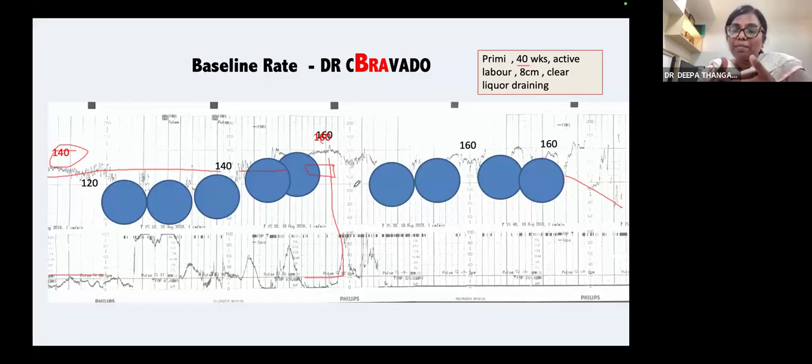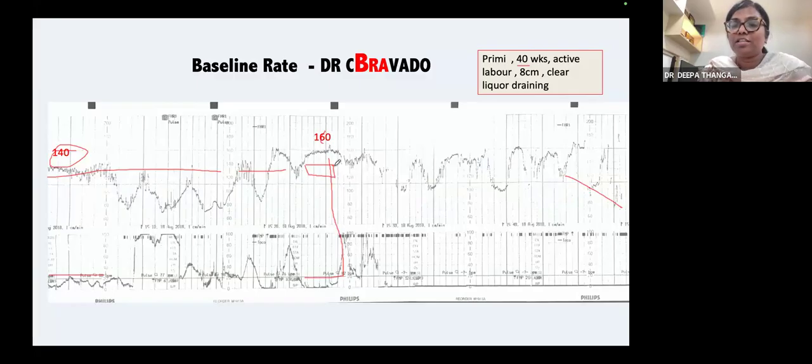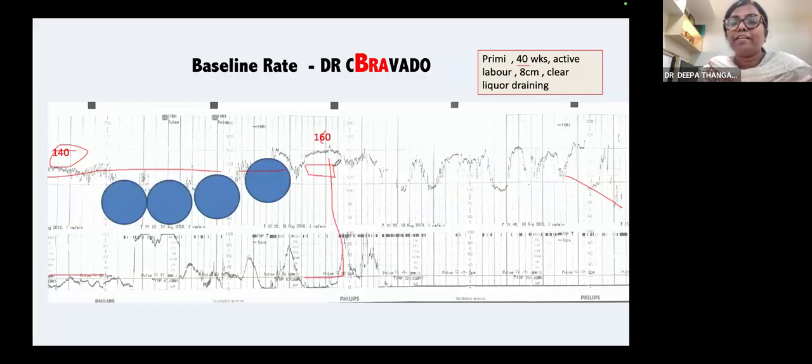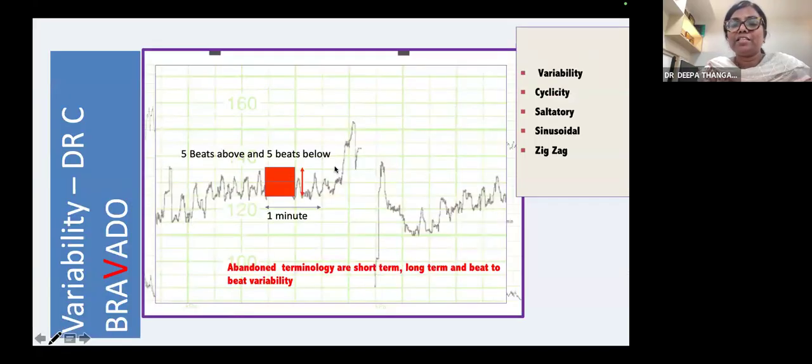So the baby is spending more time in deceleration. All these marks are decelerations. The baby is not able to come to the resting period to get oxygenation. Okay, fine. So the baseline keeps changing, it is unstable.